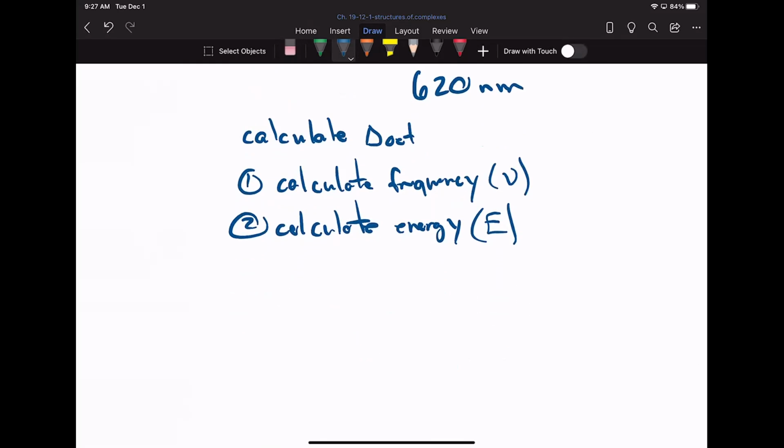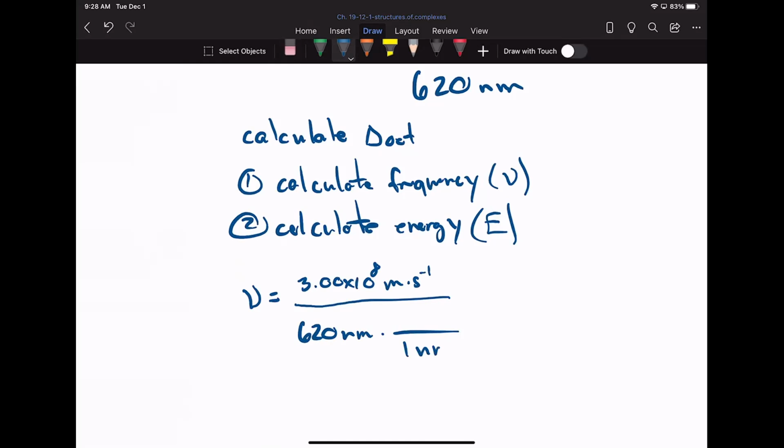Well, let's use Planck's constant. So frequency is equal to the speed of light, 3.00 times 10 to the 8th meters per second, over the wavelength in meters. So I have 620 nanometers. I'm going to multiply that by, for every 1 nanometer, 10 to the minus 9 meters.